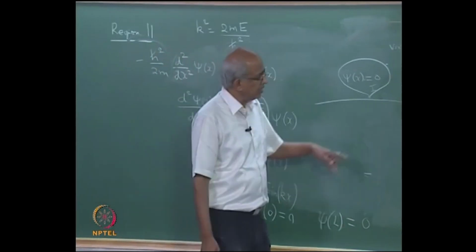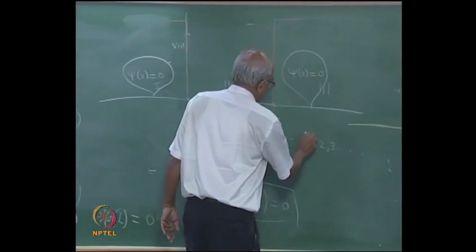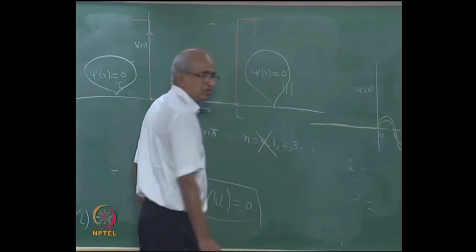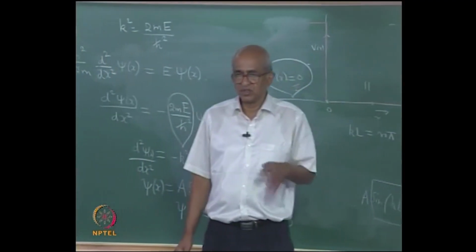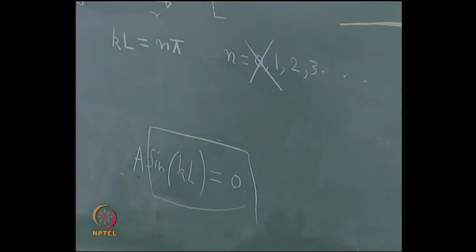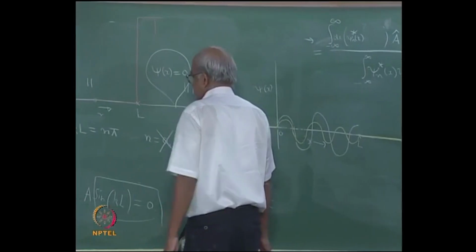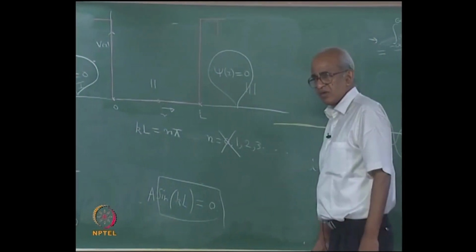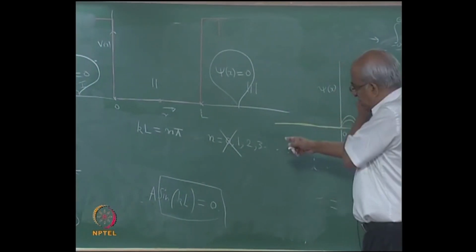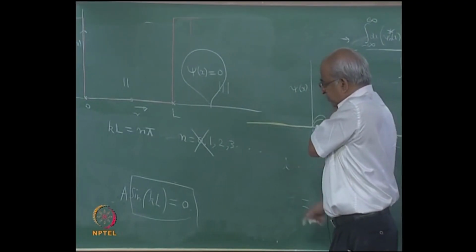So among these values, n equal to 0 we are going to omit, because it does not give me an acceptable answer to my problem. Therefore, the only possible values of n are 1, 2, 3, 4, 5, 6, etc. N has to be an integer, taking the value 1, 2, 3, 4, etc.